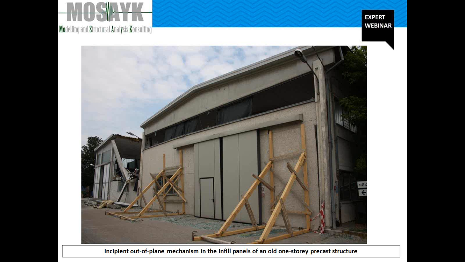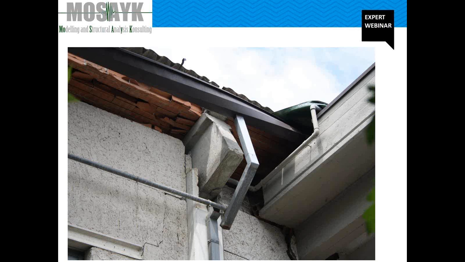Furthermore, this high flexibility may also result in displacement incompatibility between structural and, as we can see here, non-structural infill panel, non-structural element, such as precast cladding panels, causing for sure their connection premature failure.